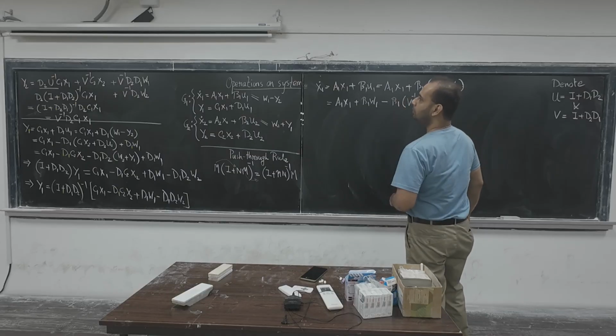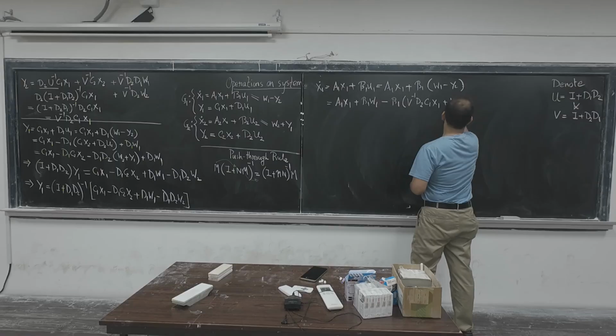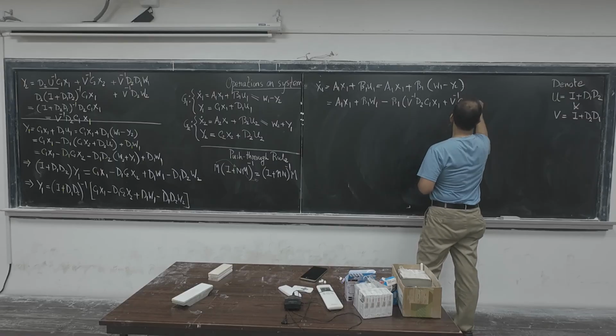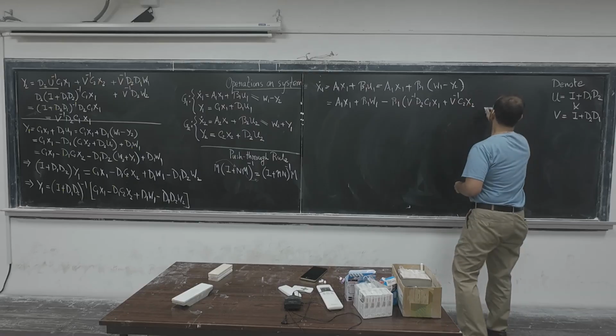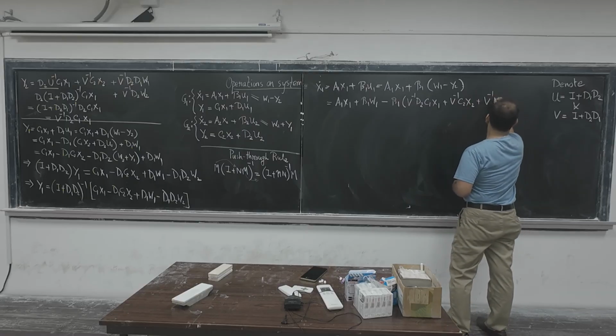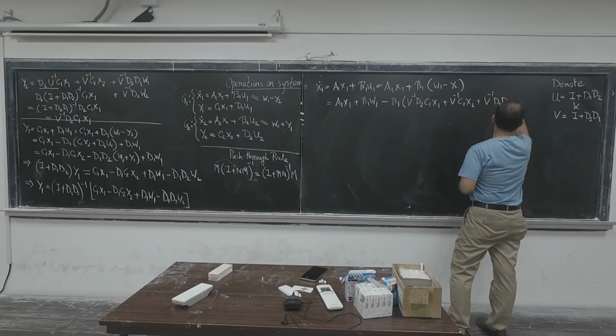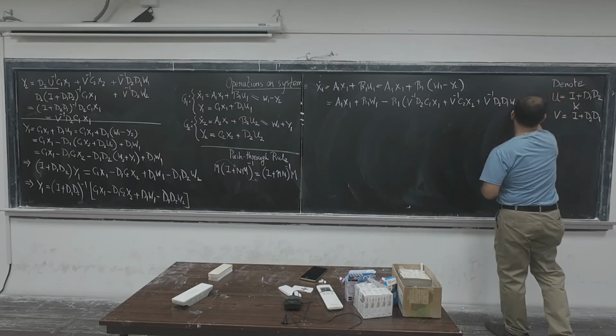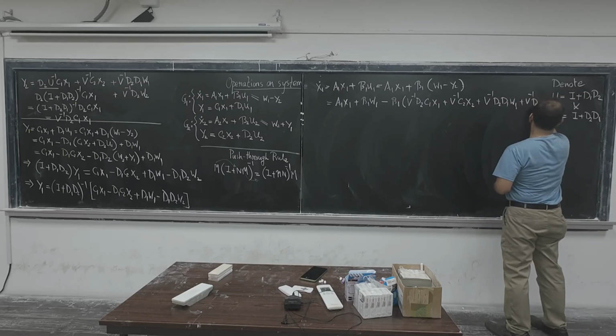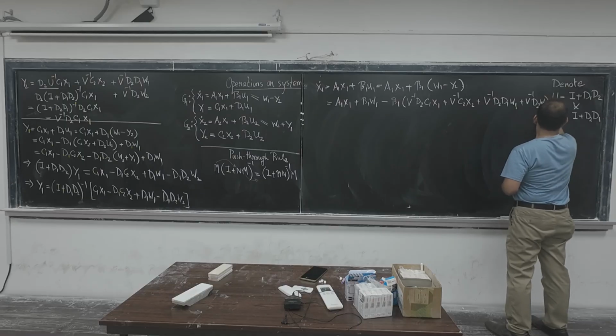Then the second one v inverse c2 x2. And after that v inverse d2 d1 w1, and then v inverse d2 w2.